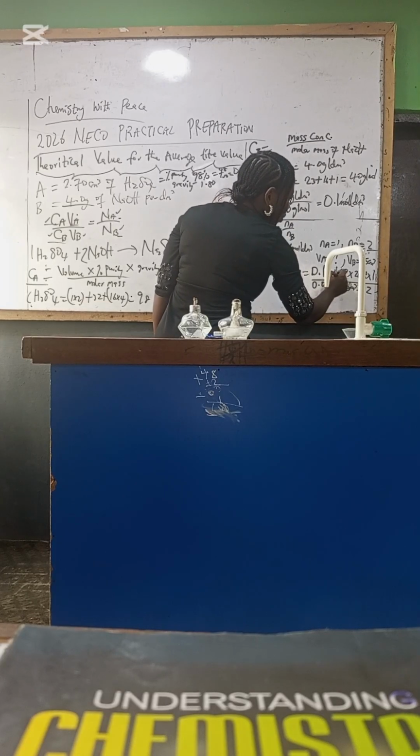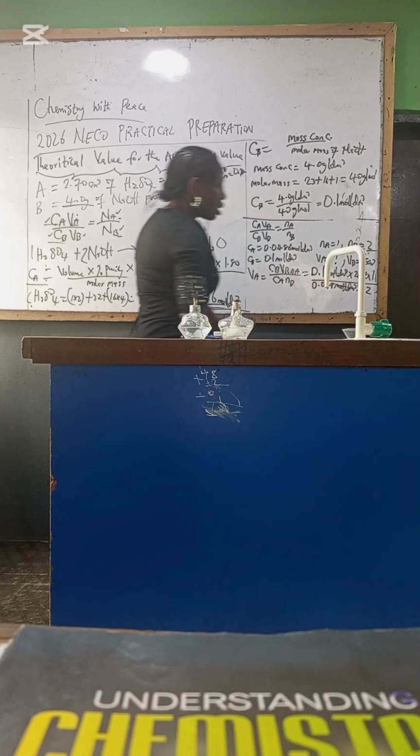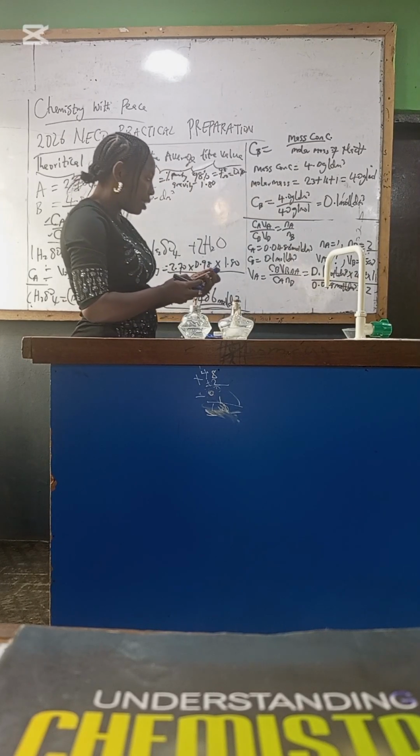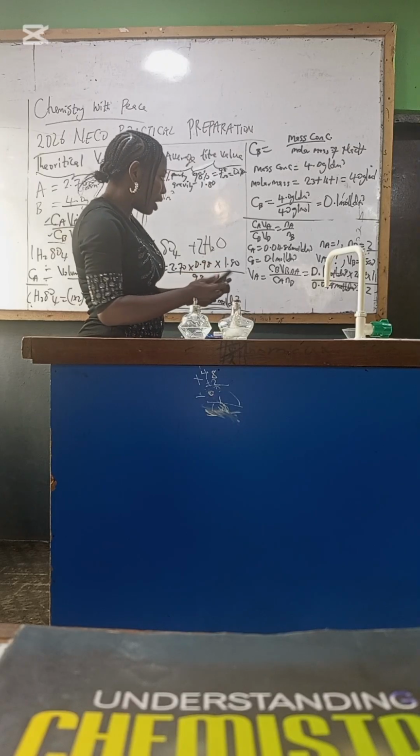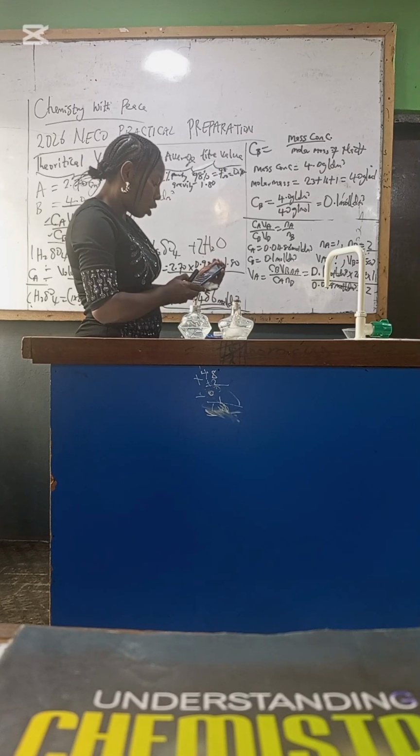So mole per dm cube cancels mole per dm cube. Then use your calculator please. So at this point we have 0.1 times 25 times 1 over 0.048 times 2.